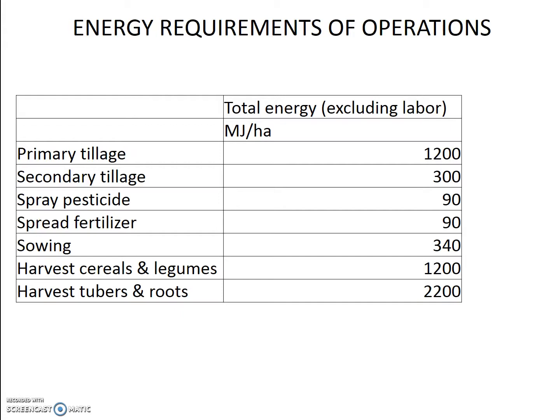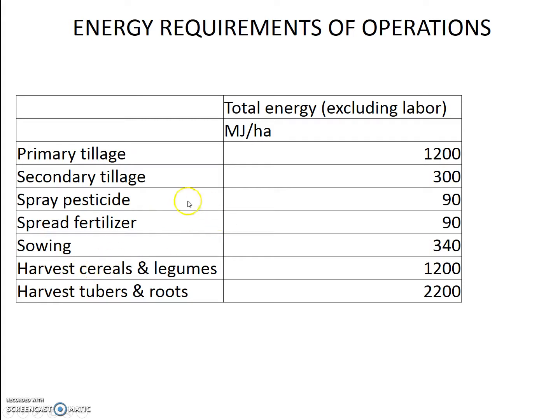To calculate the total energy requirements of agriculture, we need to know the energy requirement of the different operations. In this table, we have a summary of the average typical energy requirements per operation of different tillage operations, primary tillage, secondary tillage, spraying pesticides, spreading fertilizer, sowing or harvesting.